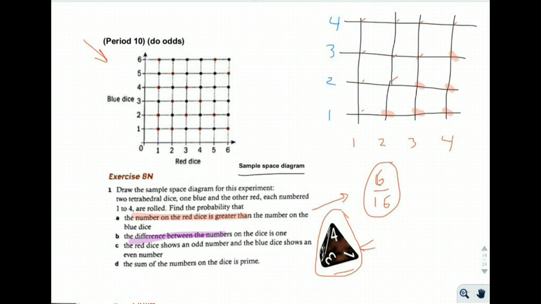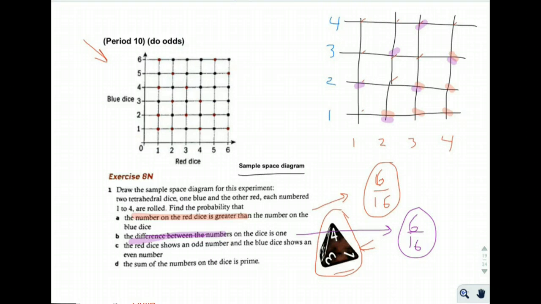So that would be 2 and 1, 1 and 2, 3 and 2, 2 and 3, 4 and 3, 3 and 4, and that's it. So there's 6 purple events, and that's also over 16 possible outcomes.